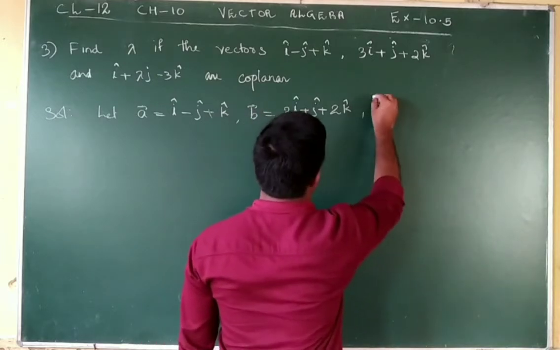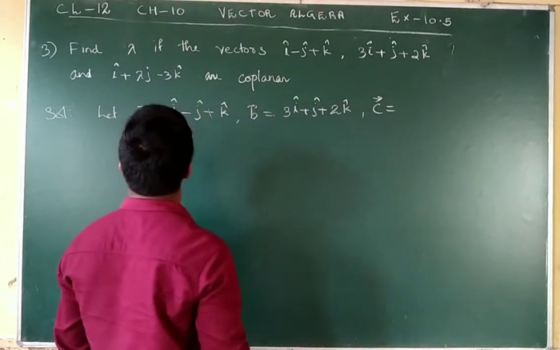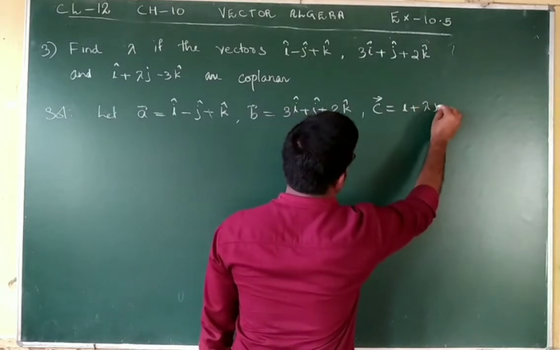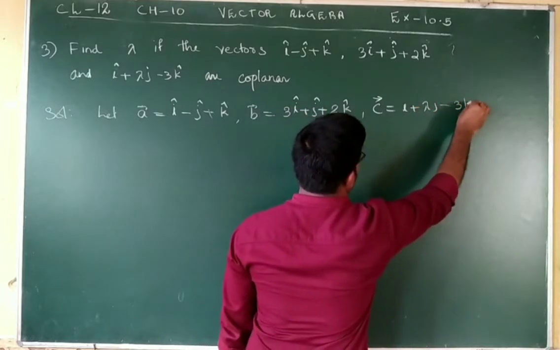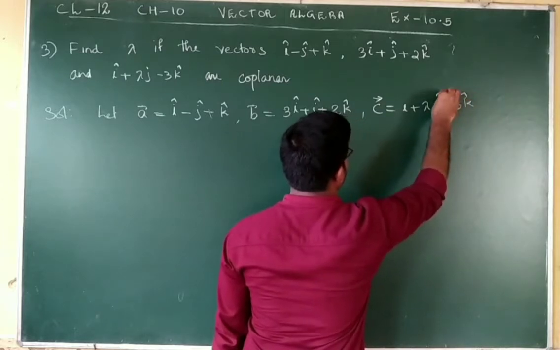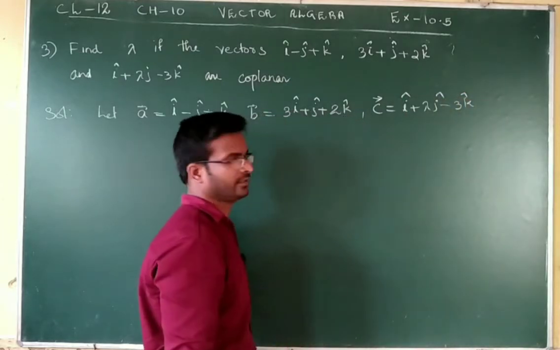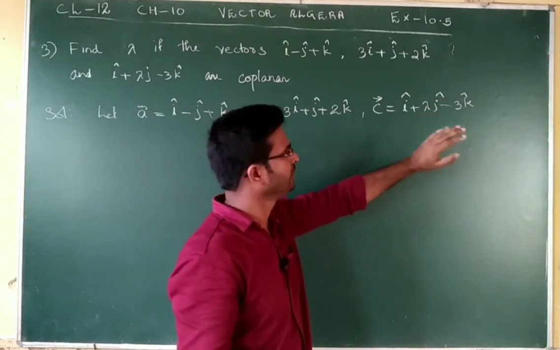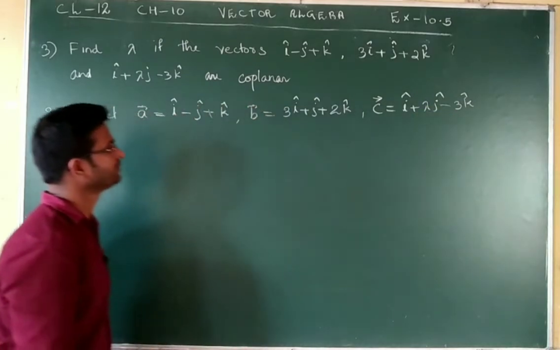Third vector we can consider as C vector, is i plus lambda j minus 3k. In here, lambda is one scalar quantity only, one number only. That lambda we have to find out.